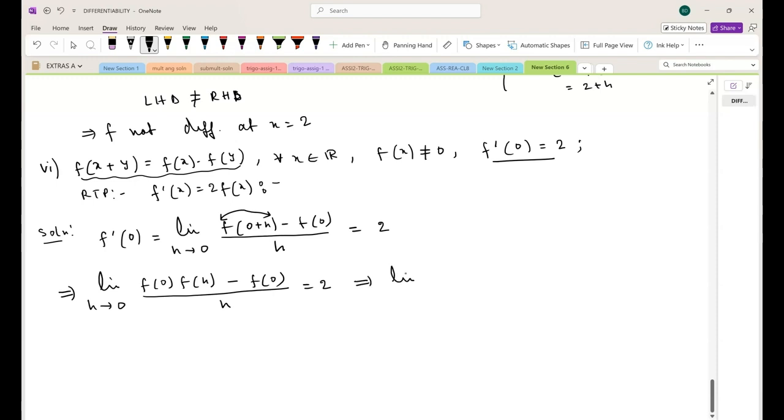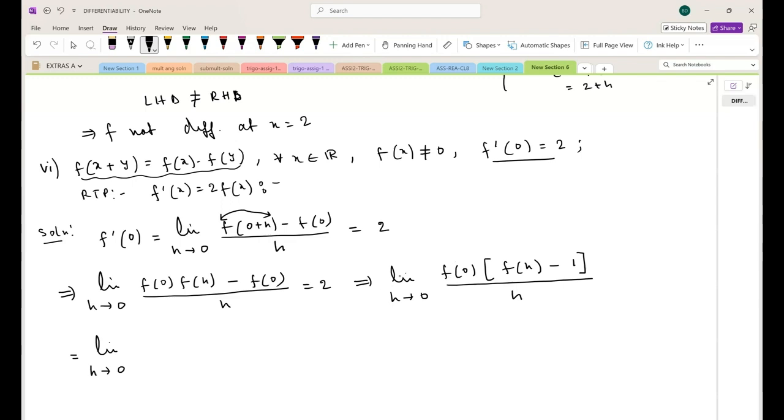Now let me take f0 common. So I'm left with fh minus 1 by h. Now, this f0 comes out of the limit, right?